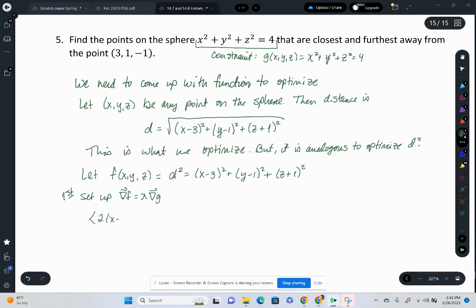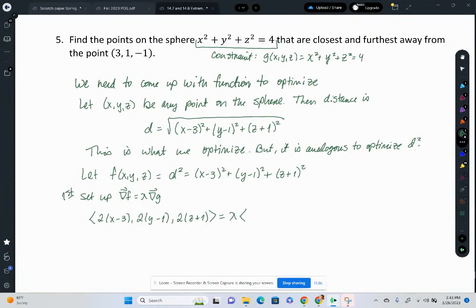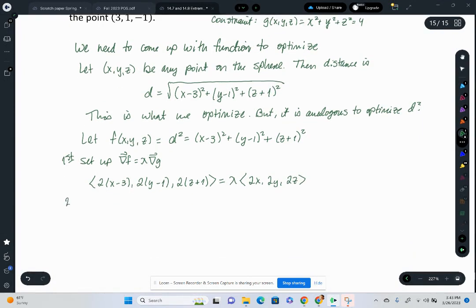The first partial is 2 times (x minus 3), with respect to y is 2 times (y minus 1), and with respect to z is 2 times (z plus 1), equals lambda times, remember our constraint function is the sphere, and the first partials are 2x, 2y, and 2z. Now set up the system with the gradient and constraint.